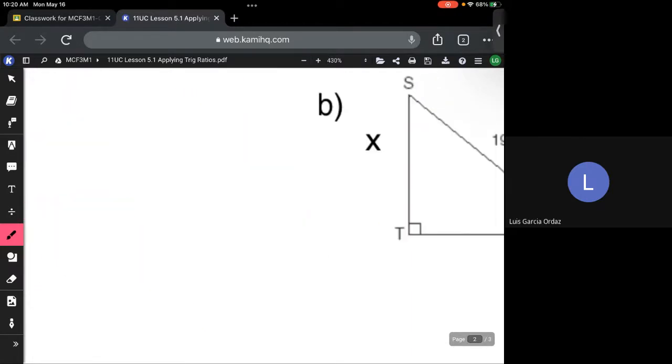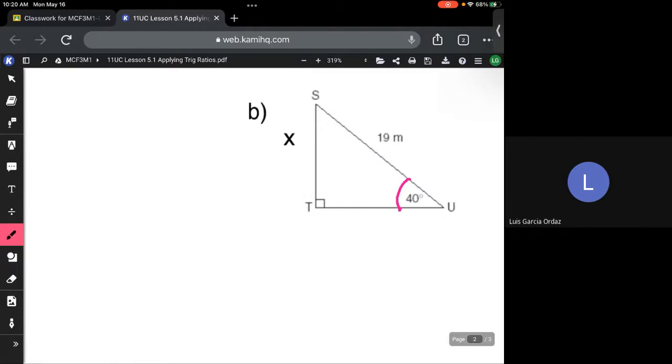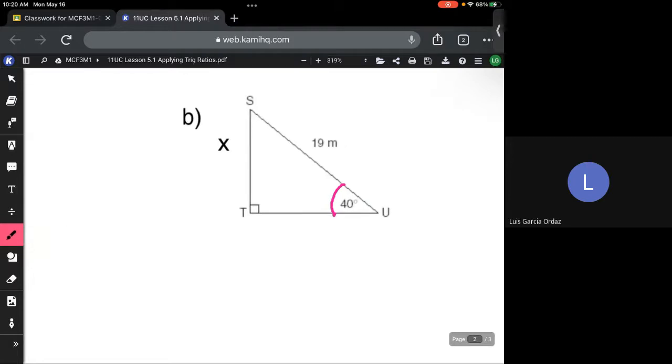Okay, what did we get for B? The same way. Who can tell me what they did? So x is opposite and 19 is hypotenuse based off our angle of 40 degrees.